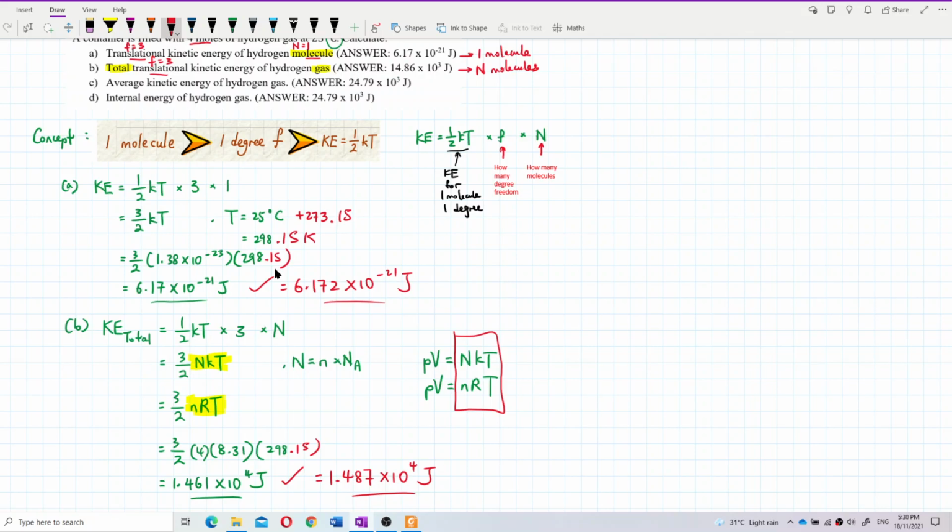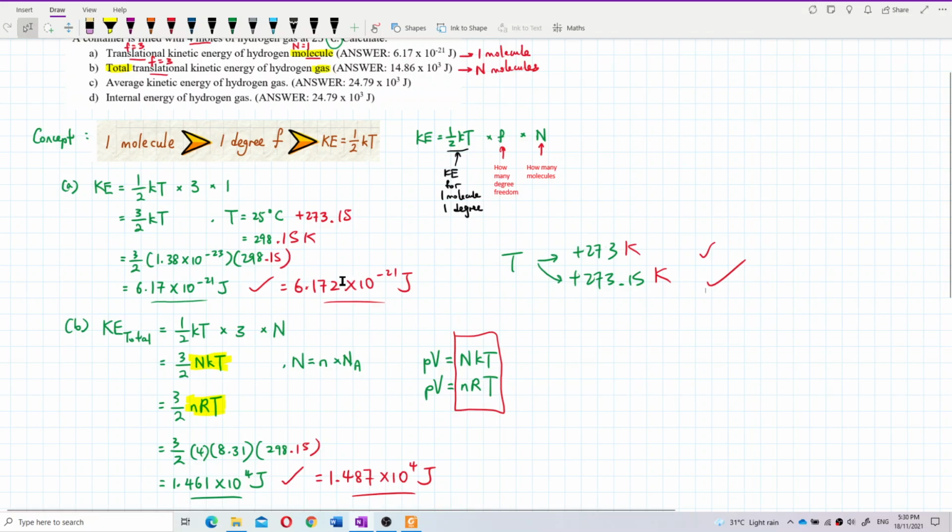So either you add 273 or 273.15 for the Kelvin, both can be accepted. They just differ by a bit. This one used 273.15, that's why the answer is a bit different.